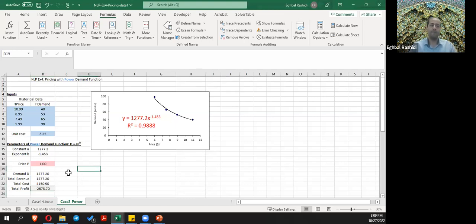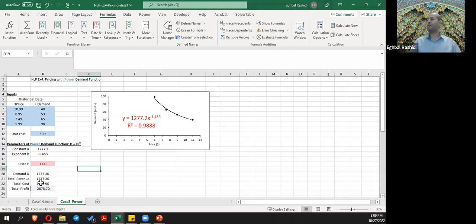Okay. So now we have demand, a function of the price. We have profit, a function of demand and a function of price. We want to set the best pricing.